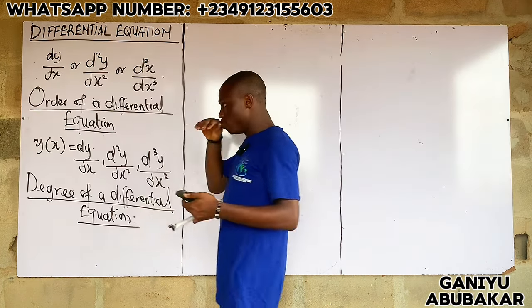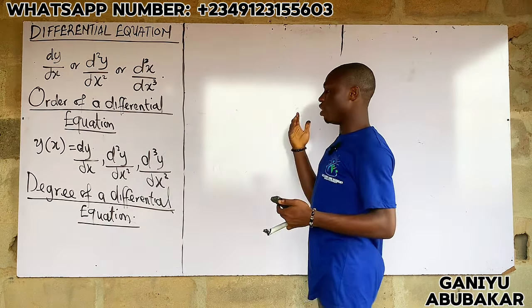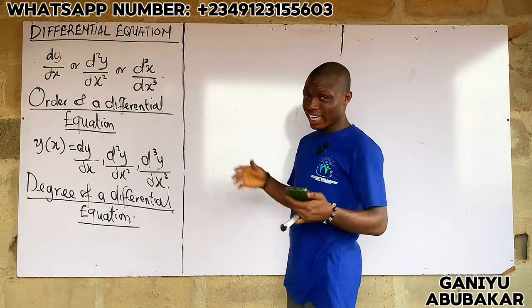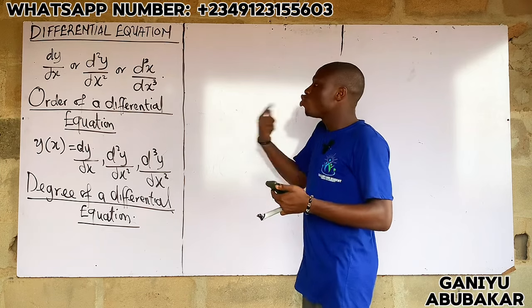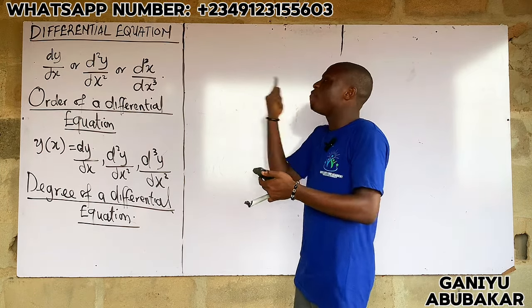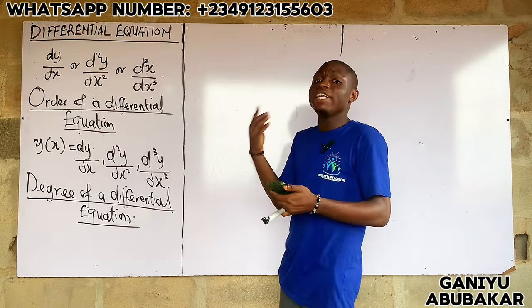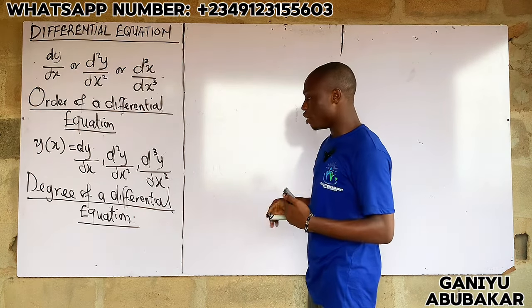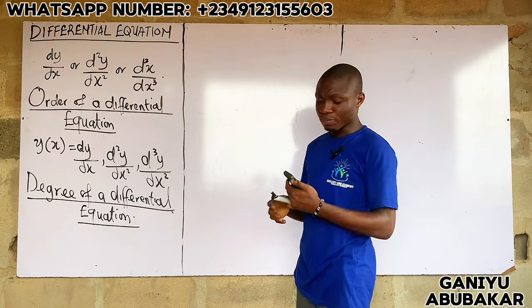So when it comes to degree of a differential equation, it's simply the highest power or index or degree to which the highest differential coefficient is being raised. That becomes your definition for degree of a differential equation.